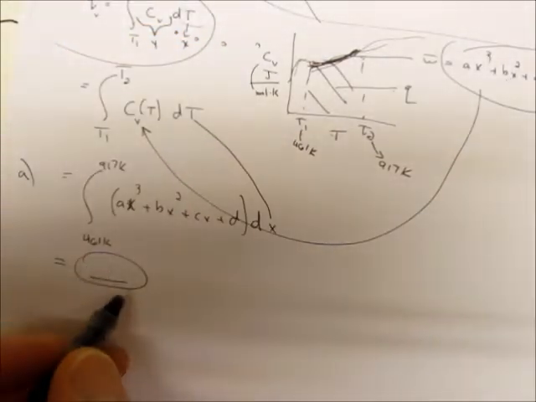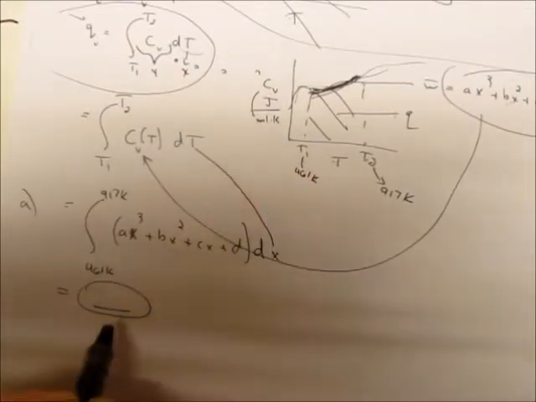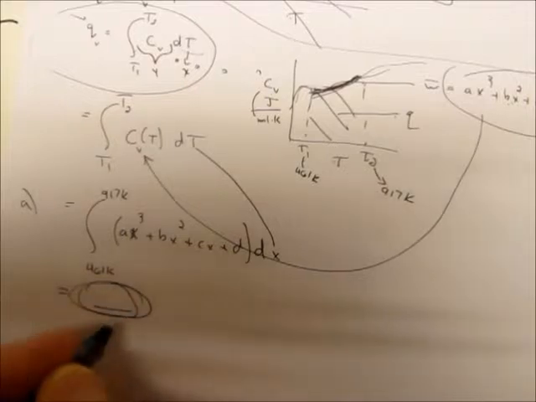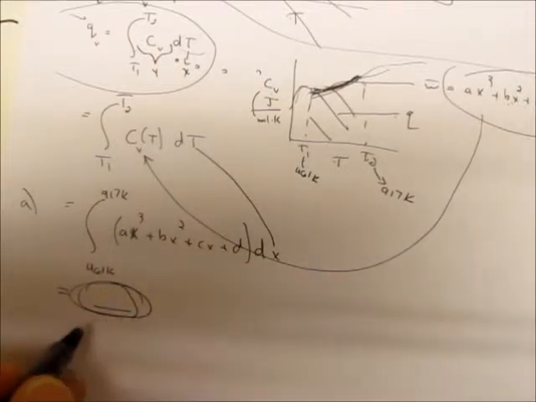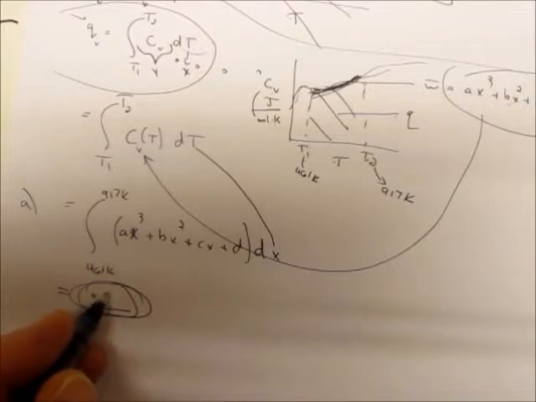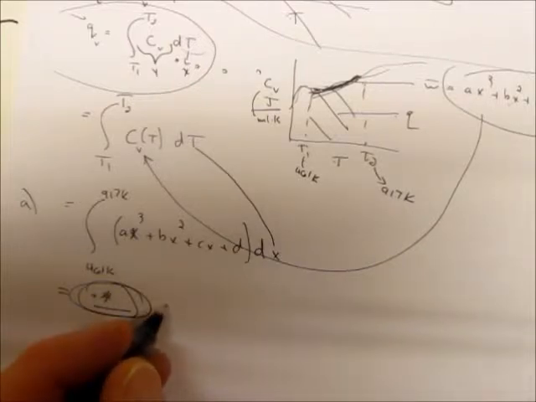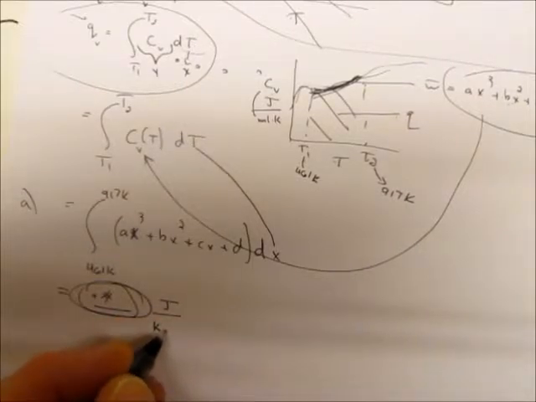So when you're done with this, you don't carry the units through, but you know that because you started with these units, you know your final units for your heat capacity number. So the heat capacity number you're going to get is a positive number, and the units will be joules per mole.